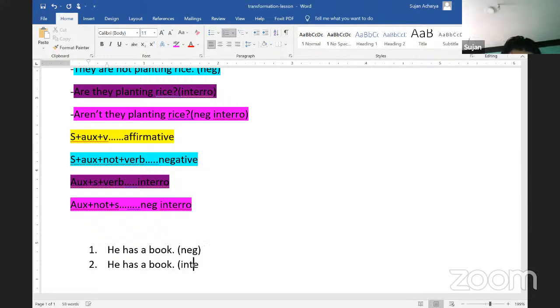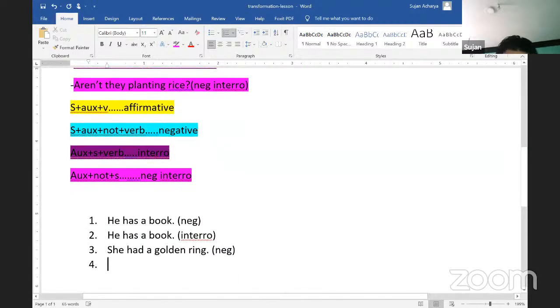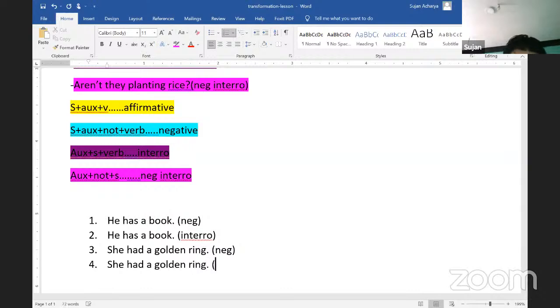Change it into interrogative. Next, she had a golden ring. Change it into negative. Change it into interrogative.